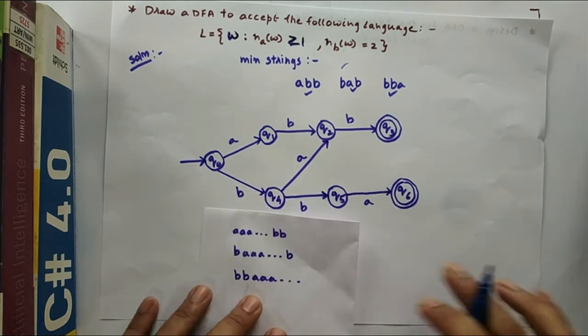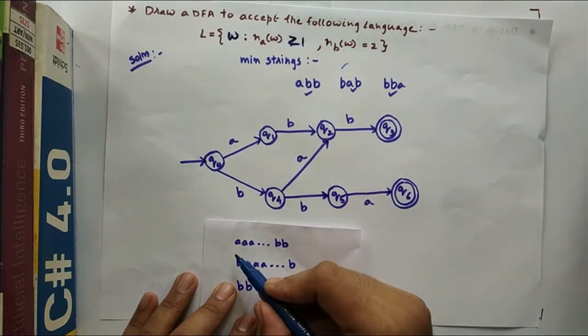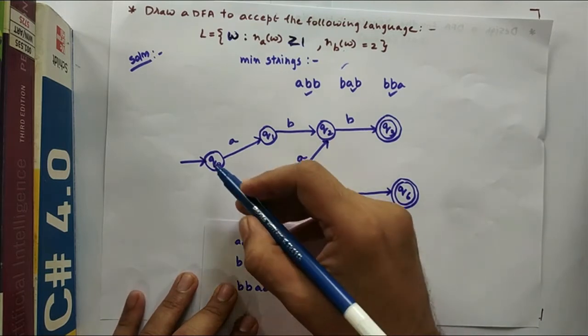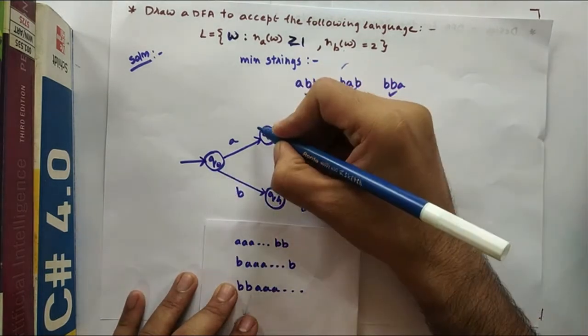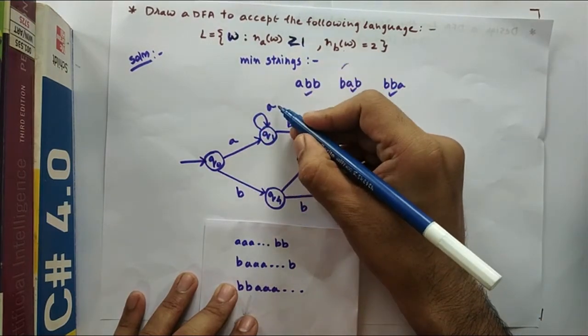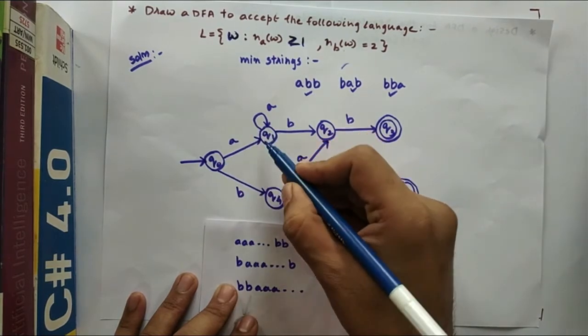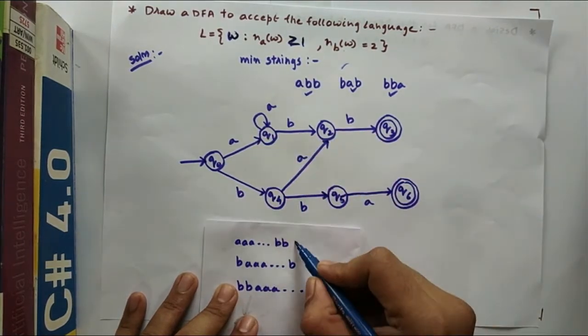So let us see whether the first string is accepted. If not, we will adjust it. N number of A's ending with BB. First A, then I can have a self loop here, because even if I have a self loop over A, it will not turn NFA. So n number of A's ending with BB, accepted, no?